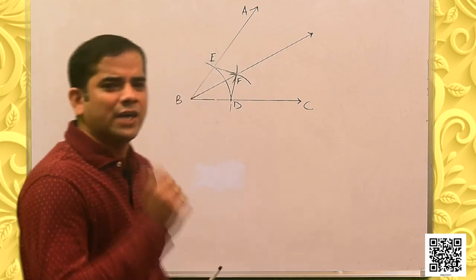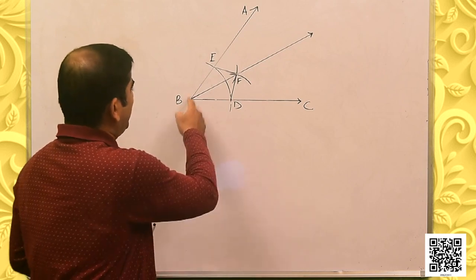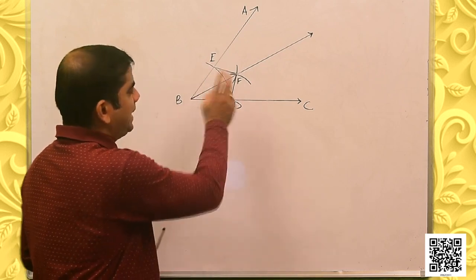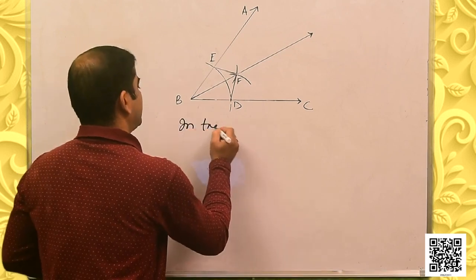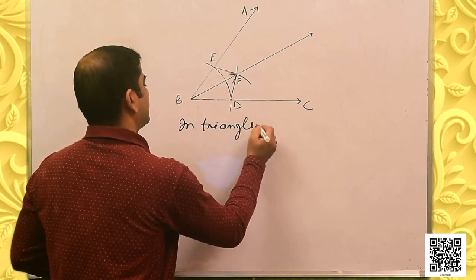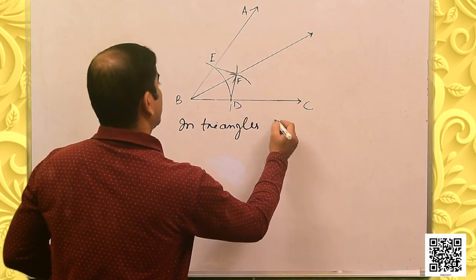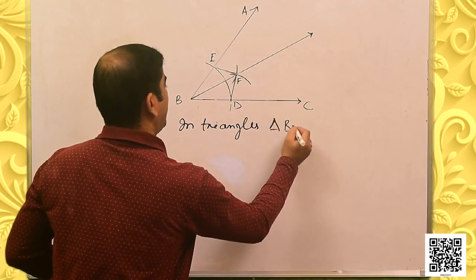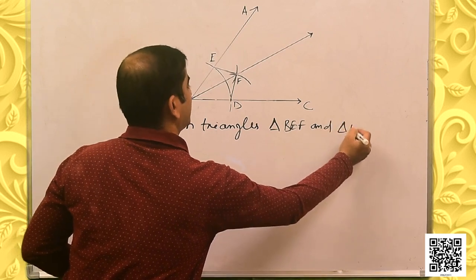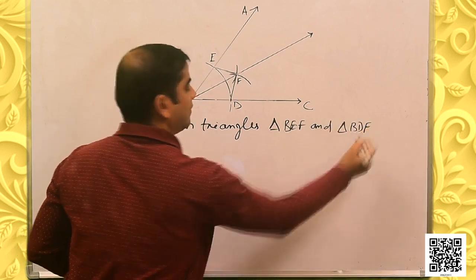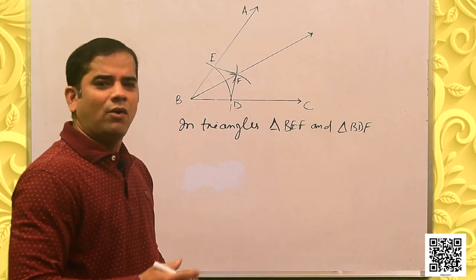Now we have two triangles. Can you find them? BEF and BDF. So in triangle BEF and triangle BDF, what have we found?